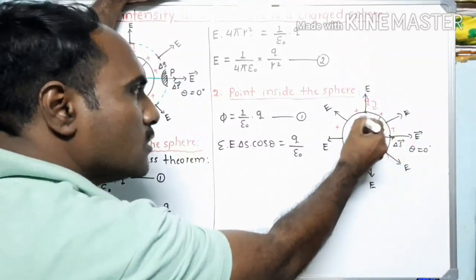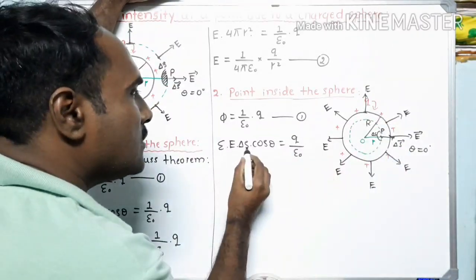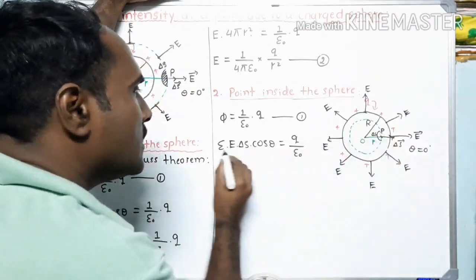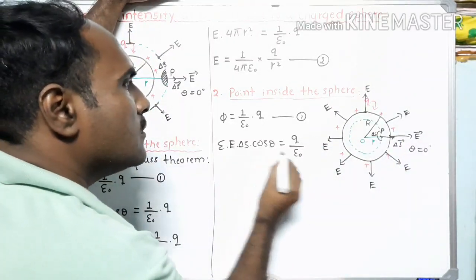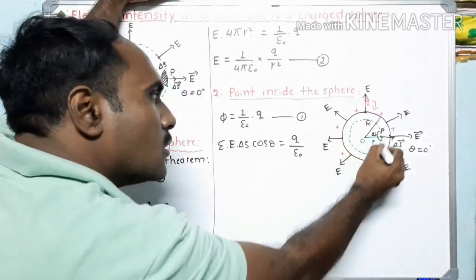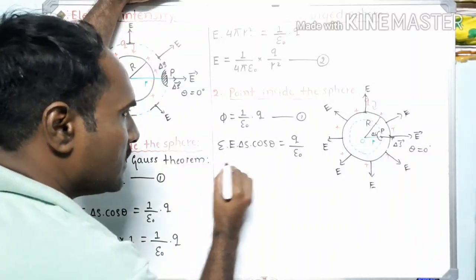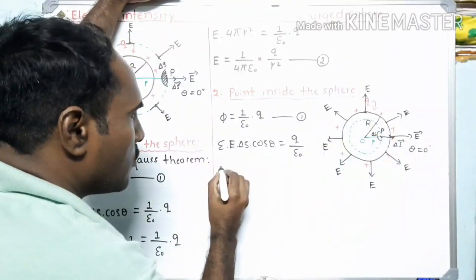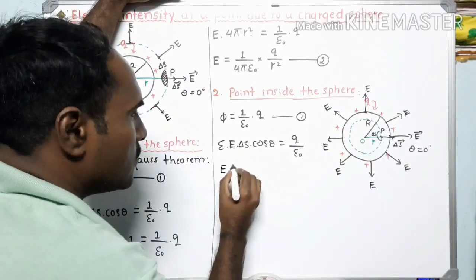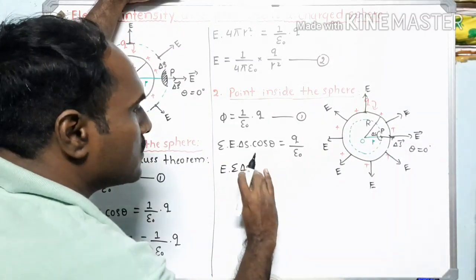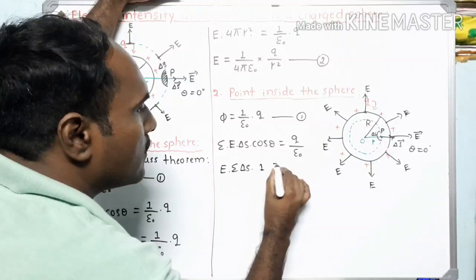The flux through this whole surface. E into delta S cos theta means flux through this delta S only. Summation of E into delta S cos theta means flux through this whole Gaussian sphere, the whole sphere of radius r. E is constant at all points, that's why it is taken outside, into summation of delta S cos 0 degrees, which is 1.